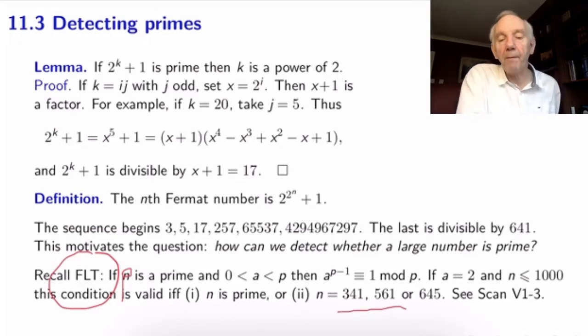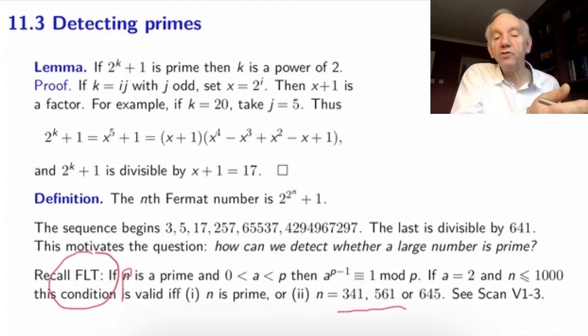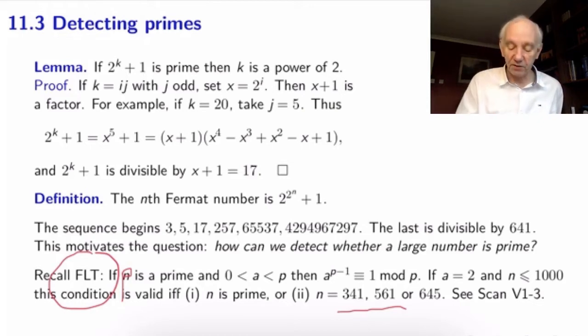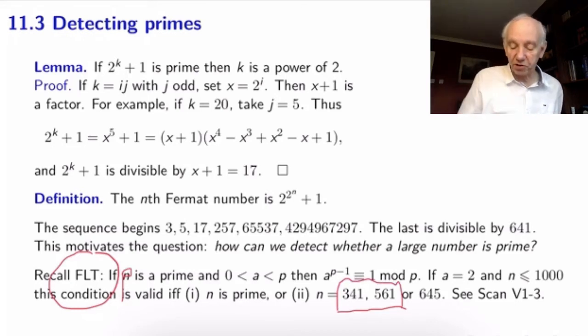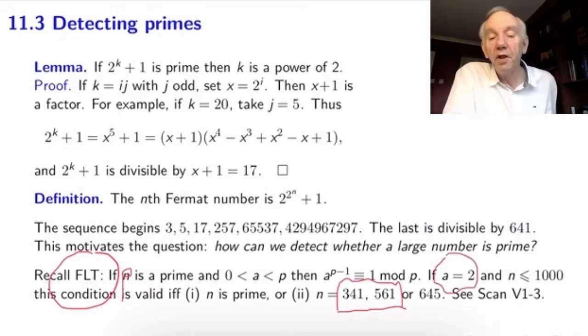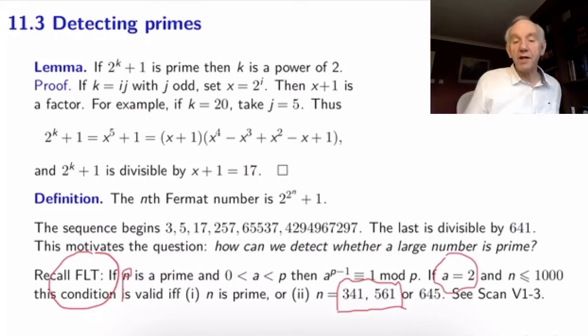And we found two numbers, namely 341 and 561, for which Fermat's little theorem holds, even though these numbers are not prime. These are both composite numbers. Obviously, they're both divisible by 11, as you can see. Nonetheless, for a equal to 2, the case of what's called base 2, 2 to the n minus 1 was equal to 1 mod n.